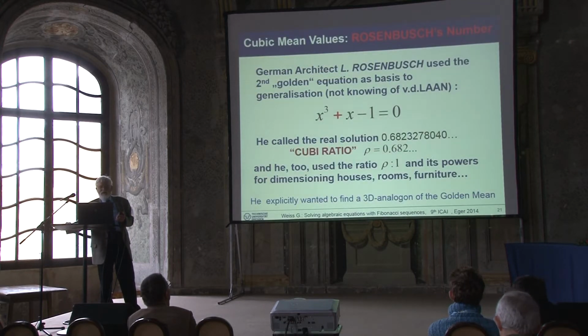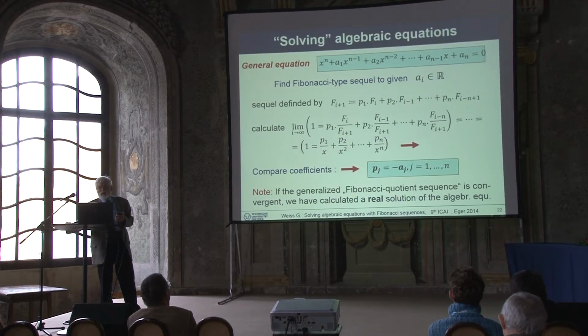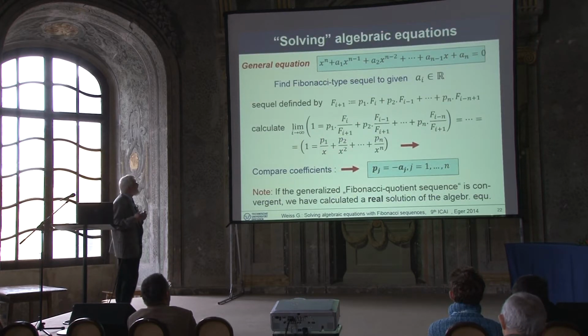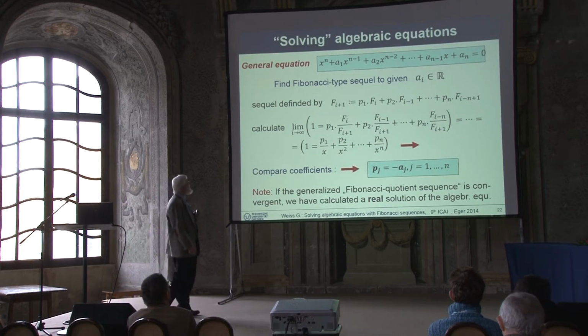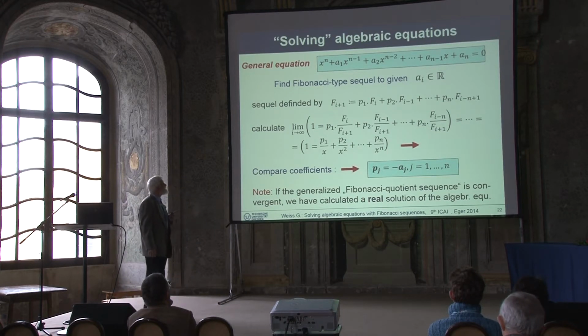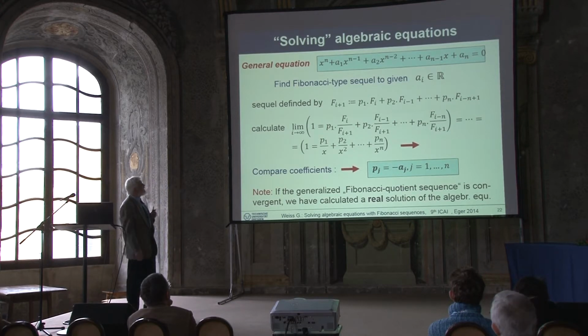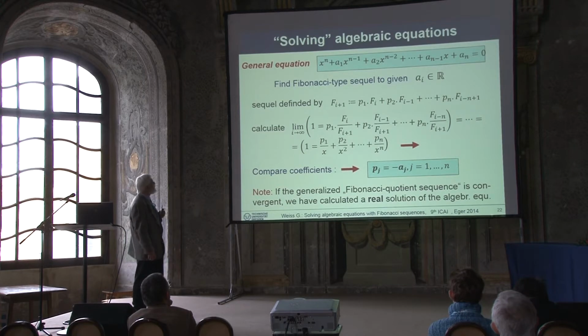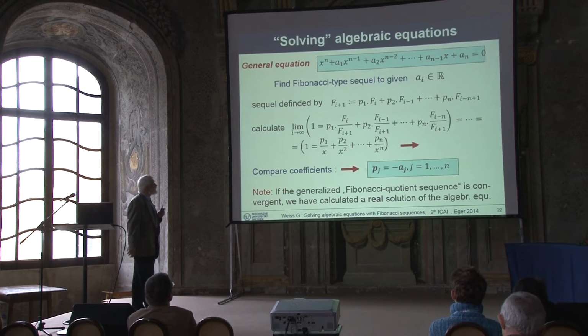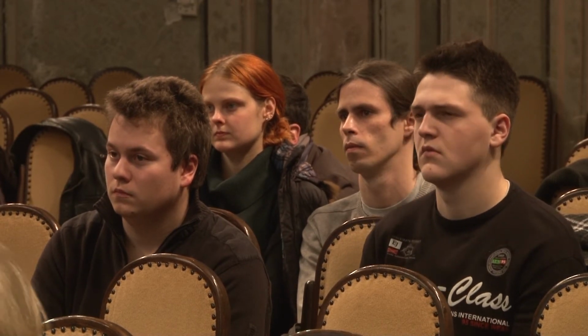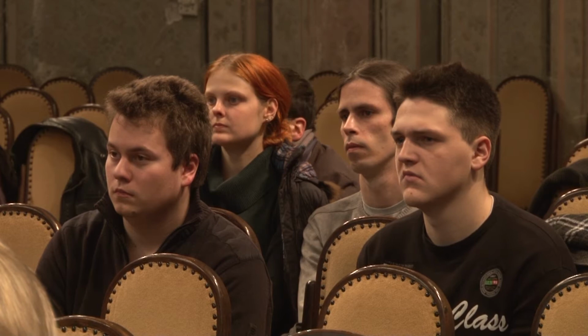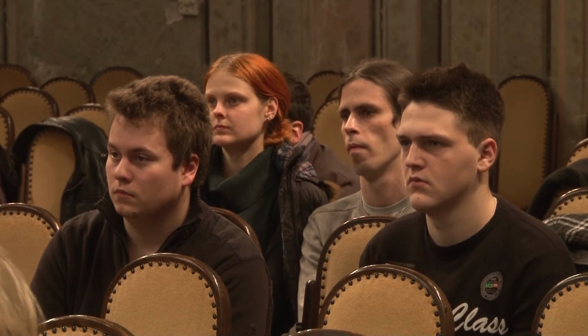And the same can be done with Rosenbusch. So, solving algebraic equations again of higher order: find Fibonacci type sequences to a given sequence of coefficients a_i. The sequence is, of course, defined by the degree; the number of consecutive Fibonacci type numbers is defined by n.